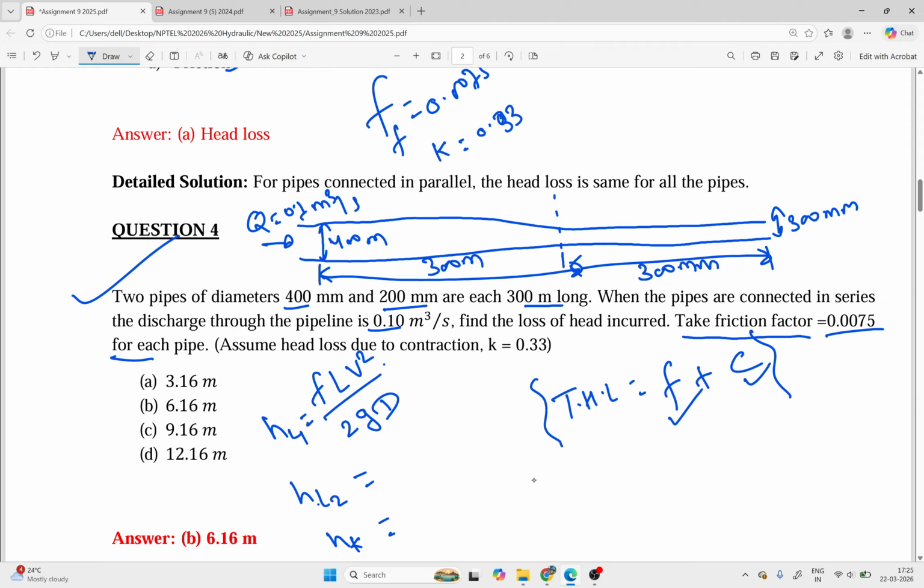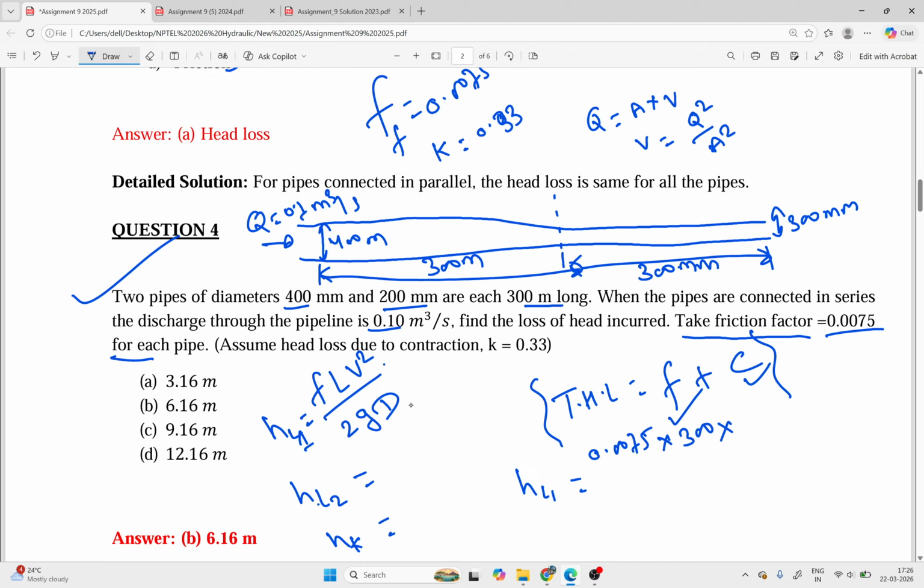Now, what will be HL1? HL1 is nothing but 0.0075 into L, which is given 300. Here you have the velocity. Discharge is area into velocity, so velocity will be Q by A, that is Q square by A square.